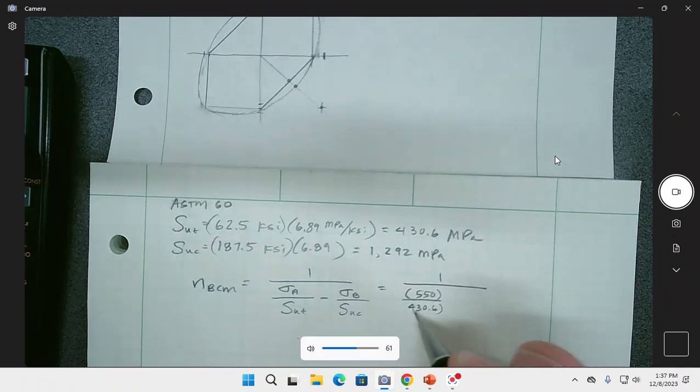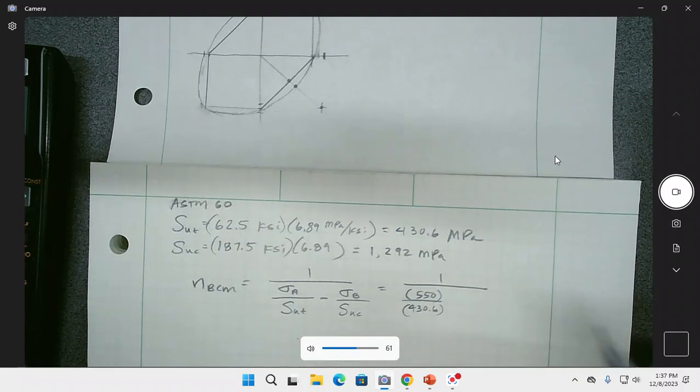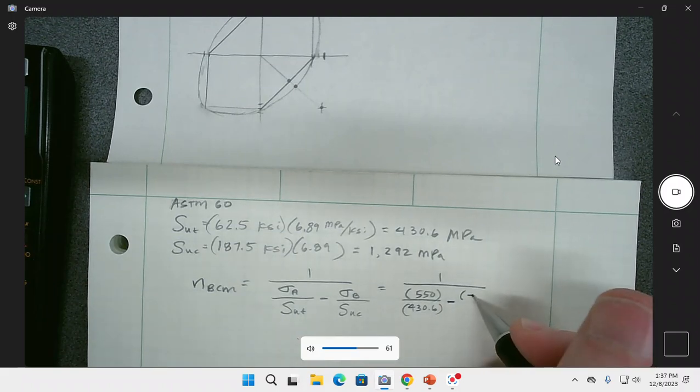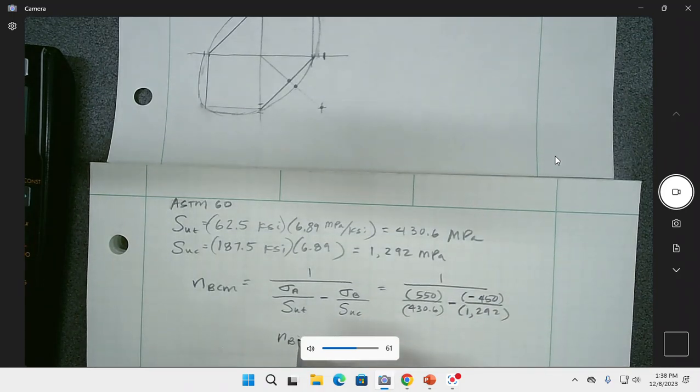Now, one thing to keep in mind, we're doing apples to apples here. So this is already large, we're going to have an overall safety factor less than 1, and so this is just going to make it worse. So there's the negative 450 here, and 1292.